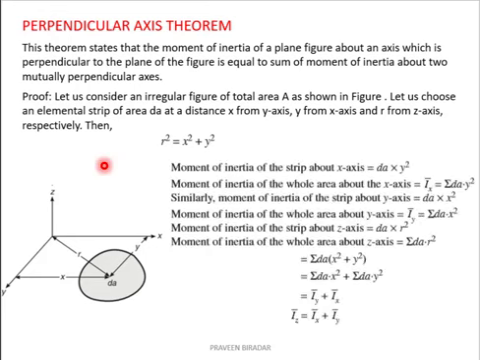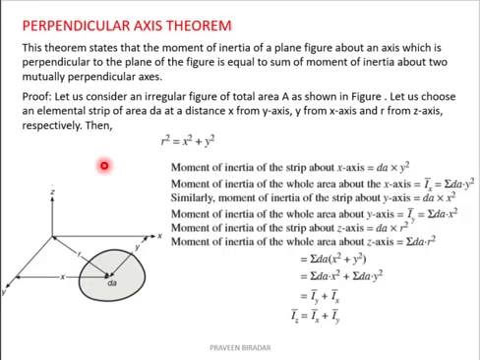The moment of inertia of a strip about the X-axis is dA into Y square, so Ix equals summation of dA into Y square. Similarly, the moment of inertia of a strip about the Y-axis is dA into X square, so Iy equals summation of dA into X square. The moment of inertia of a strip about the Z axis is dA into R square, so the moment of the whole area about the Z axis is summation of dA into R square.